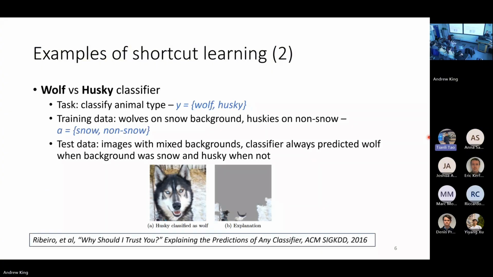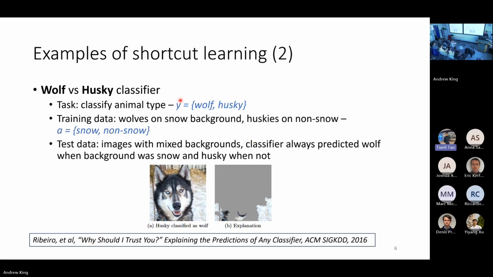Another famous example that people use to illustrate shortcut learning is the wolf and husky example. So this is not a public data set, a benchmark data set, so you don't see it in experiments so much, but whenever people try to introduce the idea of shortcut learning, they quite often talk about this data set. And this came from a paper back in 2016, so it's quite an old concept. And this is the paper that introduced the LIME interpretability technique quite a few years ago.